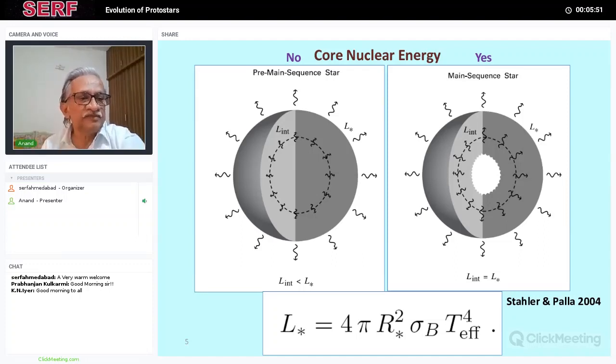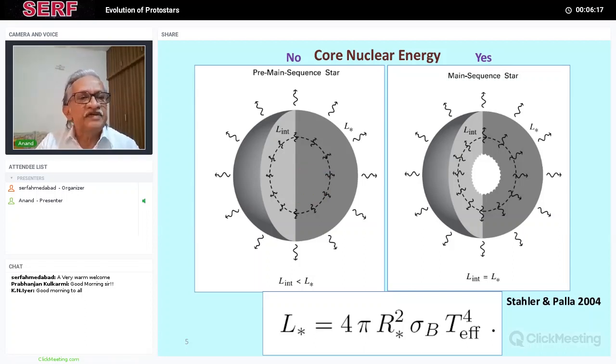But we know from dating and isotopic techniques that the sun is much older. Therefore, nuclear energy has to be produced at the core in order to make these stars live their long lives, because we know that stars live for billions of years, the sun for instance 10 billion years.